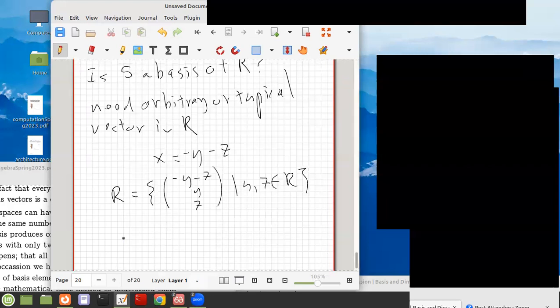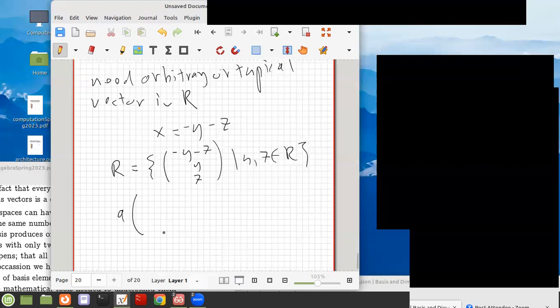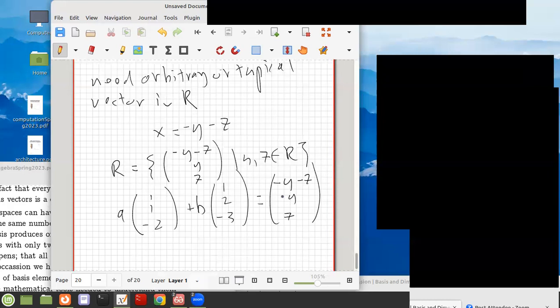That would be the same thing as saying a times (1, 1, minus 2) plus b times (1, 2, minus 3) equals (minus y minus z, y, z). And I have to be able to let y and z be any numbers, right? So we can treat these as constants, as you've chosen these numbers, and we want to find a and b, right?